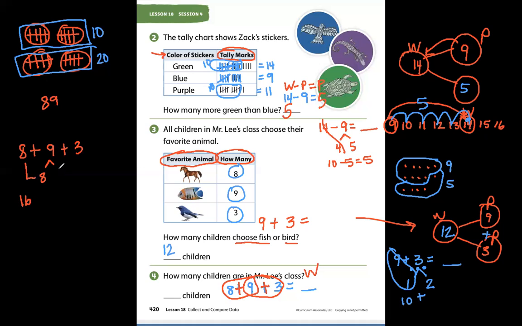But I still have one more here, okay? So I did 8 plus 8, and I got 16. Now I have broke apart the 9 into 8 and 1. I have 1 plus 3. So 16 plus 4 equals 20. 20 children are in the class.